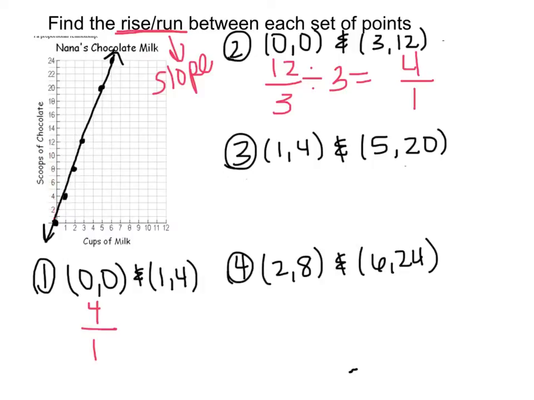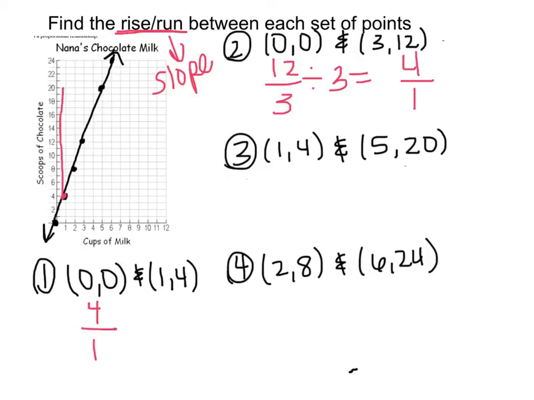Now let's go ahead and look at number 3. If we start at 1, 4, that's going to be right here, this point. We want to go up to 5. So to go from 1, 4 to 5, 20, we're going to go all the way up from 4 to 20.